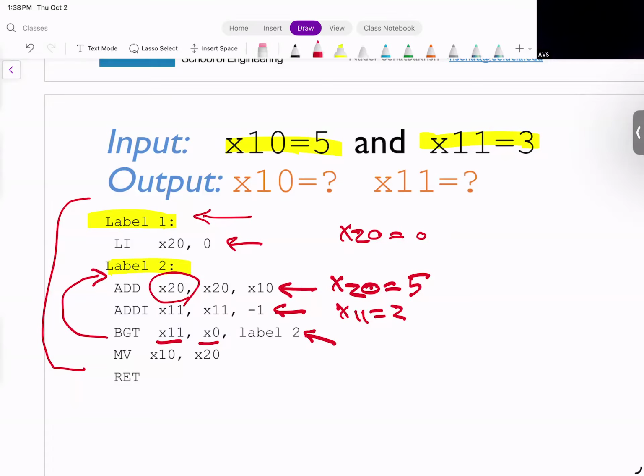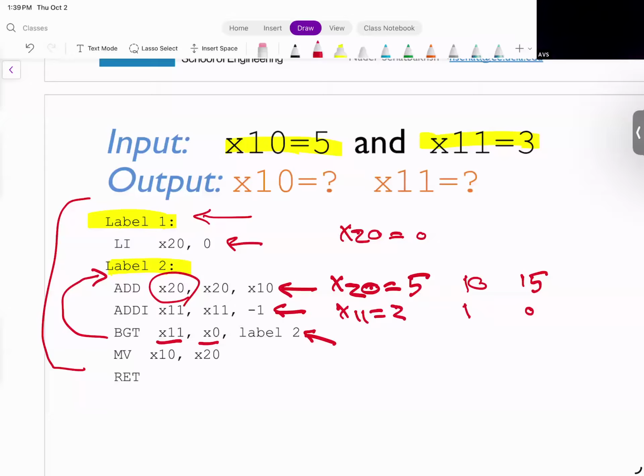This is branch greater than, which means that if x11 is greater than 0, you jump back. At the moment it's 2, so you jump back. So you keep repeating this. This means that x20 becomes 10, x11 becomes 1, and you jump back one more time. It becomes 15, and x11 becomes 0.